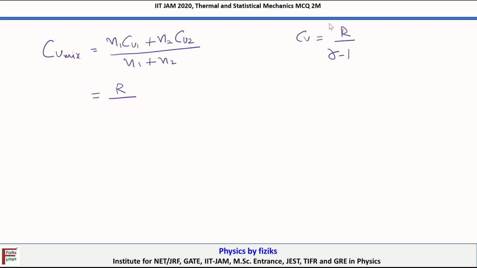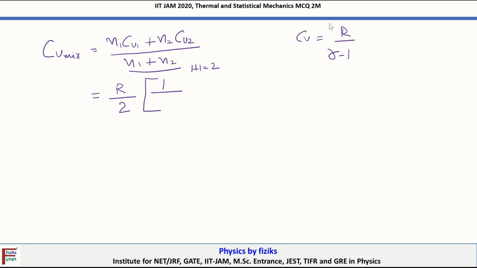So I can write this as R divided by 2, where 2 comes from N1 plus N2, that is 1 plus 1, equal to 2. Then the terms that remain inside: N1 is 1, so nothing will happen, so it's 1 upon gamma 1 minus 1. R we have already taken outside.